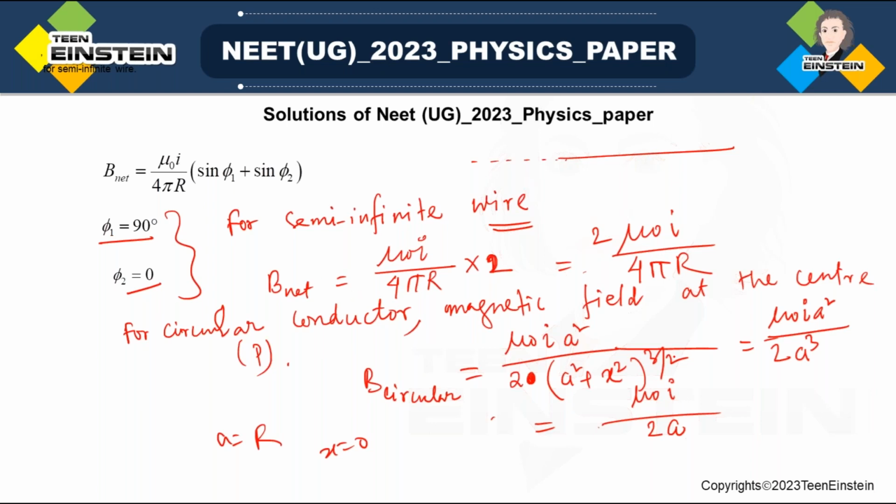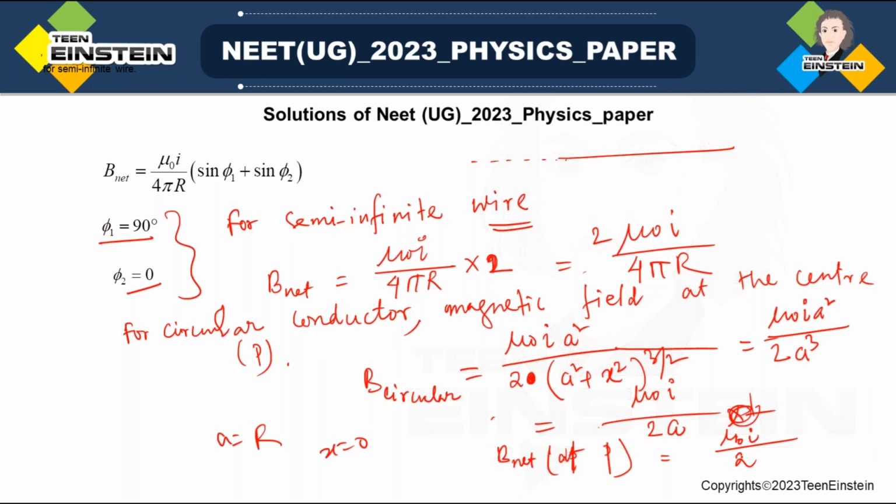Now look, it is a semicircular arc, so that's why it will again get half. So for the semicircular half, B net at P due to the semicircular wire, the magnetic field will be getting half.